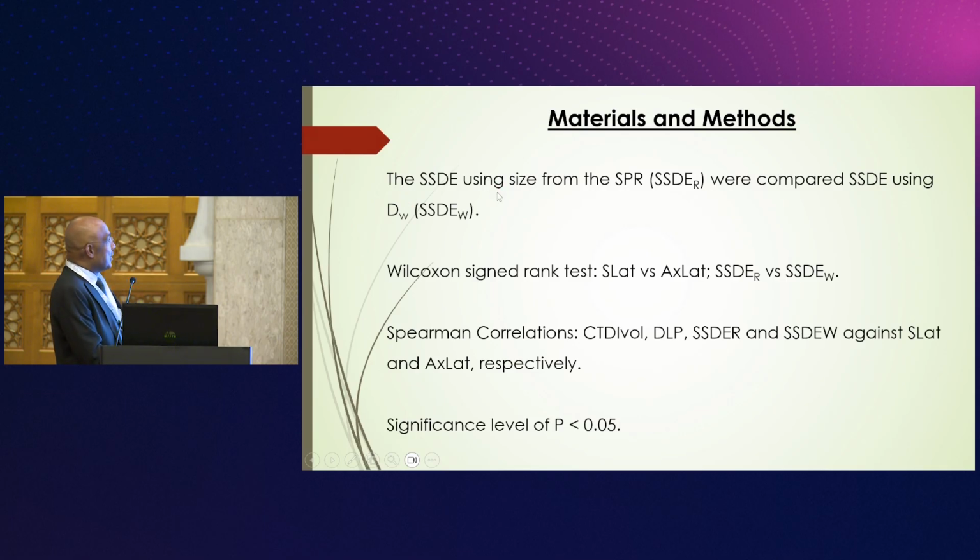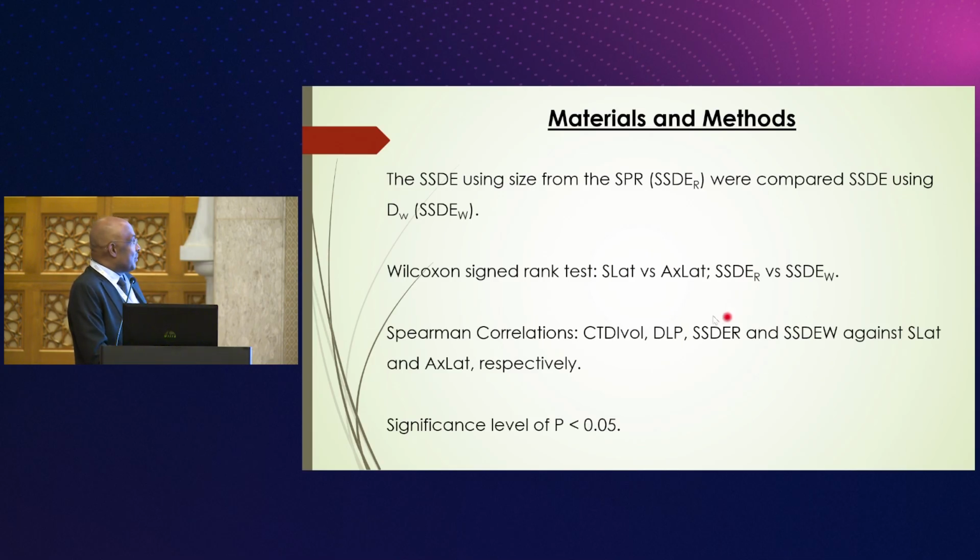Because of the number of patients, the normal distribution of the data wasn't guaranteed, and therefore we did a Wilcoxon test for comparing the size measurement difference from the scout view and the axial image, and then also the size-specific dose estimates from the two size measurements.